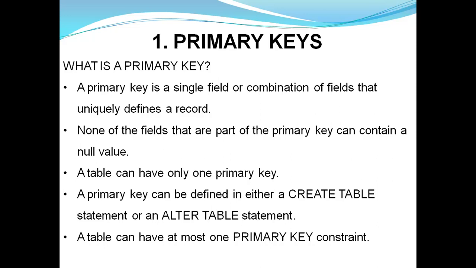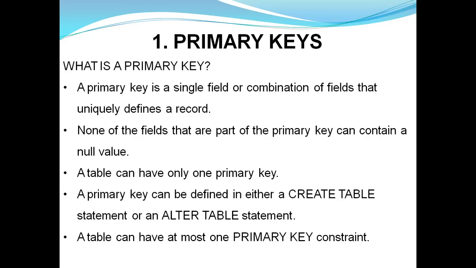You cannot have more than one primary key constraint on the table. It does not mean that only one column can be a primary key. A primary key can be a single column, or it could be a combination of multiple columns as well.